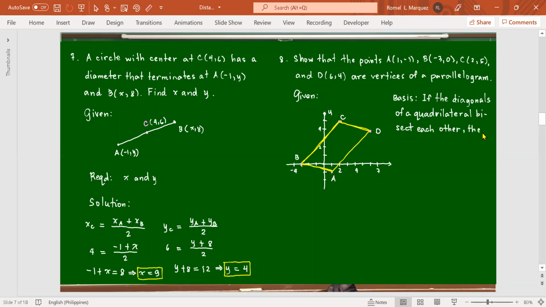Then it is what? A parallelogram. Clear, children?